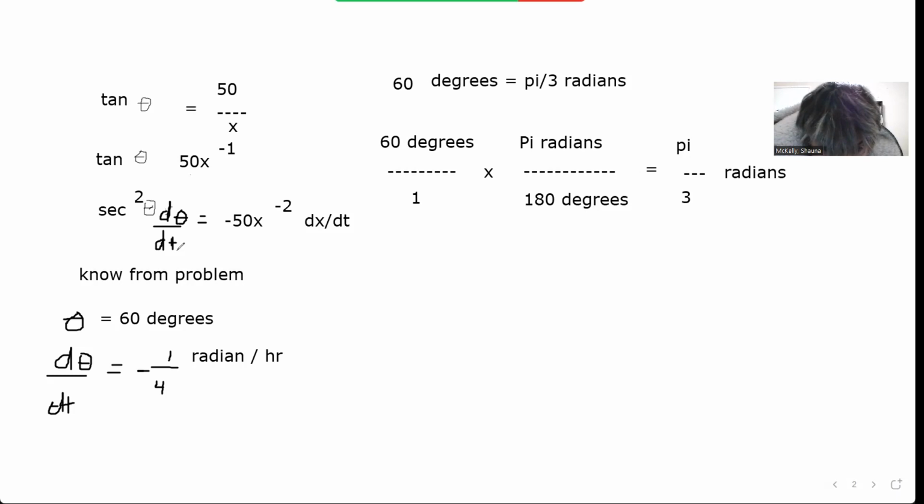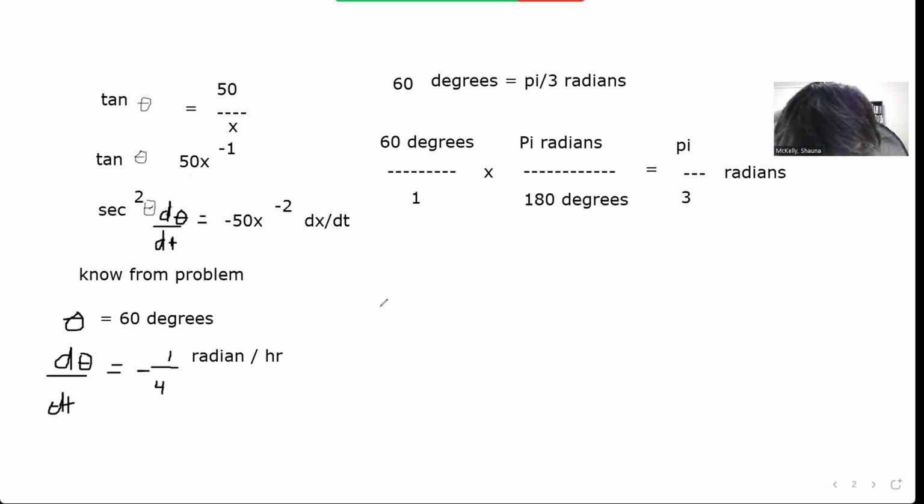Well, what I have now is some extra knowns. I know what theta is. I know what d theta dt is. I know what x is. And I want to find what dx dt is.